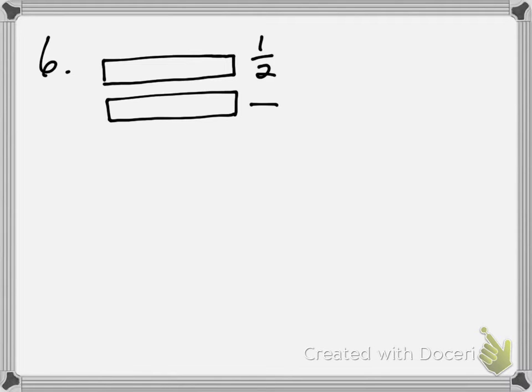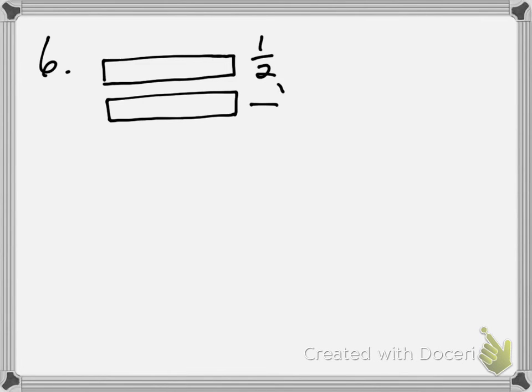If you don't know what I'm talking about, go back to number 5 and take a look at that. How did we have 2 fractions that were equal? Well, they took up the same amount of space. They had the same amount of color. So figure out a way that you could divide this one. You cannot have a 2 there again. But you could have another number there, but it has to be the same amount of color and it has to take up the same amount of space.